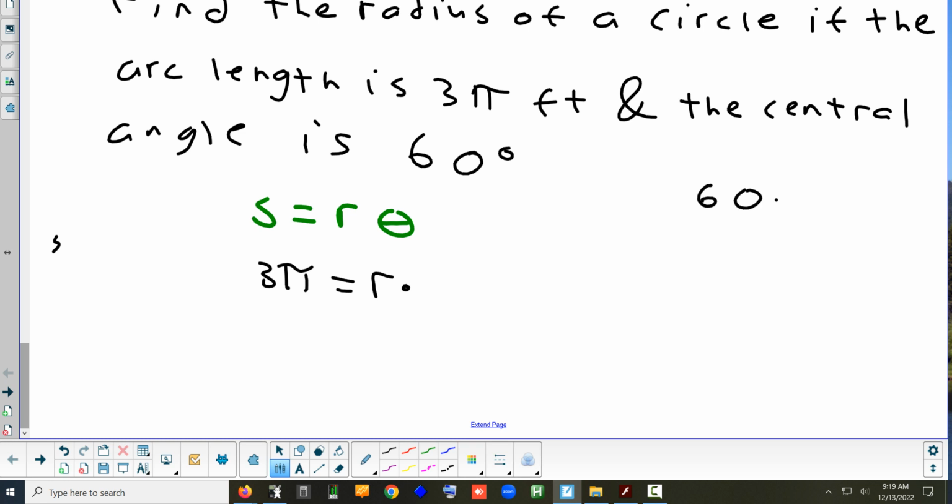So off to the side, I'm just going to multiply by pi over 180. And what does that 60 change to? Pi over 3. So the 60 is the angle. Just make sure you change it to radians.